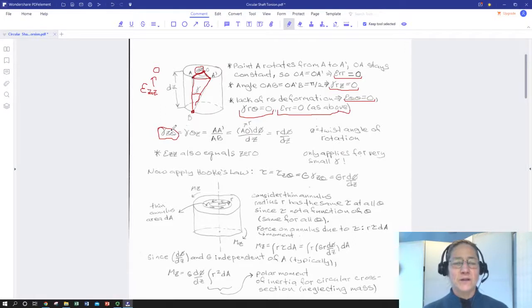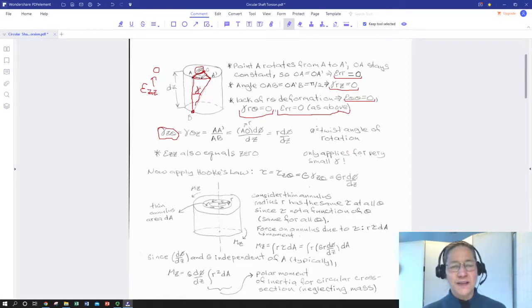So we can say, well, shear strain in the z theta is the same as theta z. So we can basically look at the tangent of this angle phi, or excuse me, gamma. This is phi up here. We're looking at gamma for z theta.